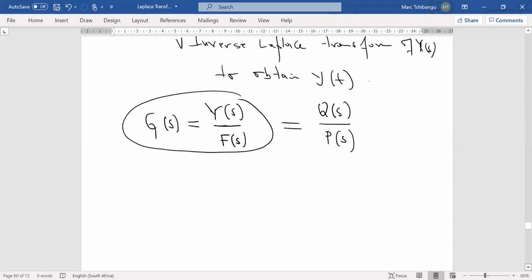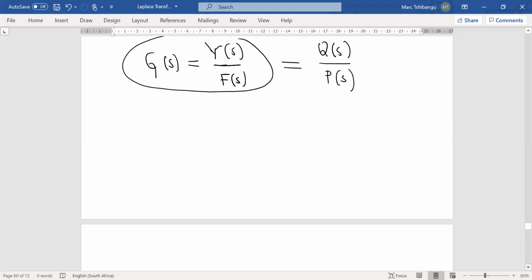So the roots of Q(s) are called the zeros of the transfer function or the zeros of the system.